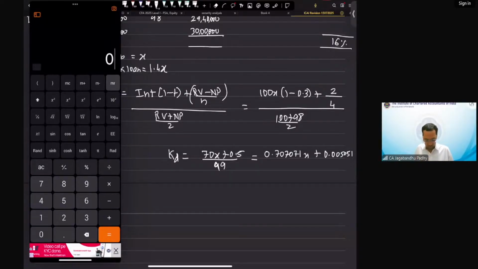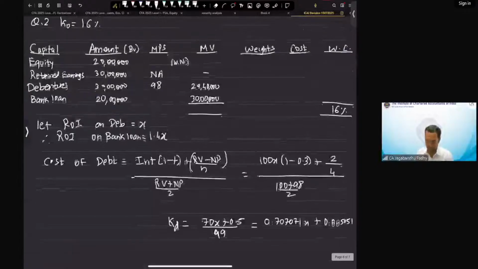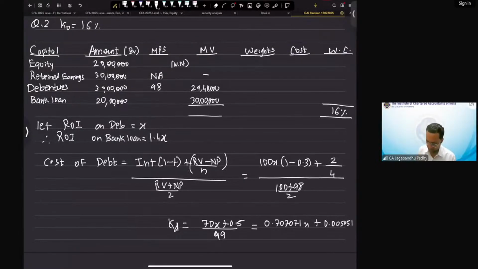Okay. So this is the cost of debt that we have. 0.7070, or let me take it as 0.71x.